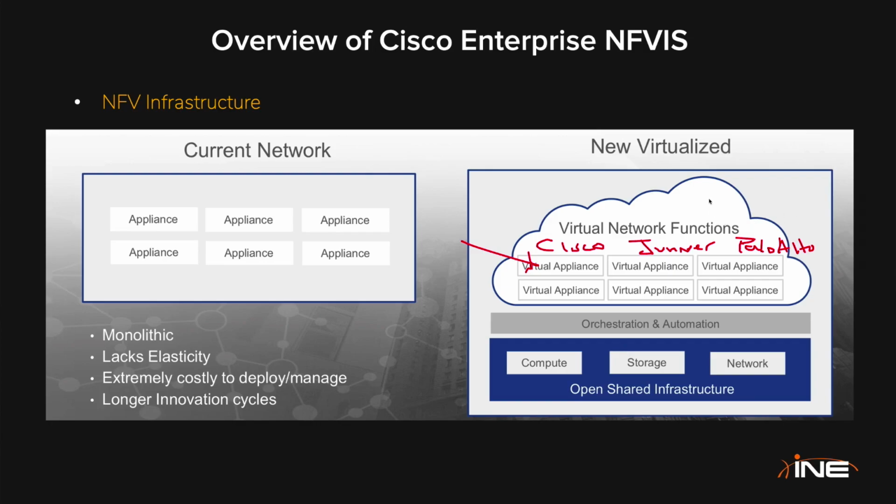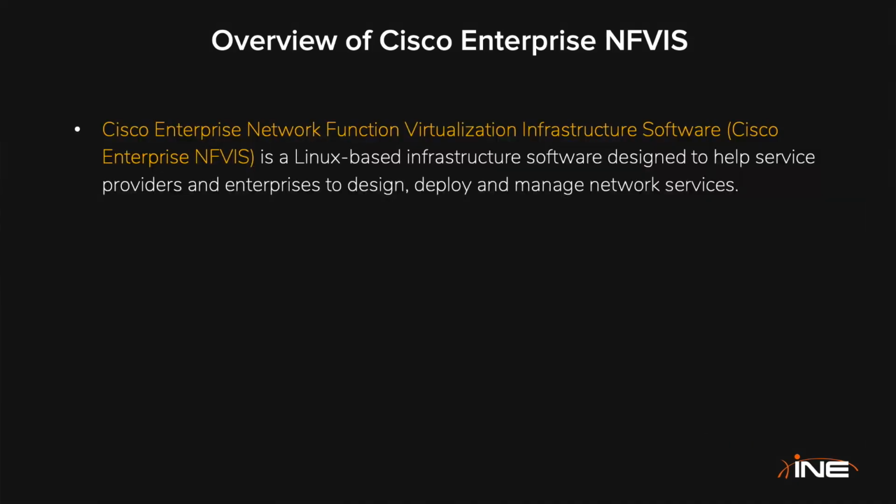So now I can have multiple VNFs on a single hardware appliance, which is an open standard. Now Cisco has its own implementation of NFVI. So you could do an open standard deployment, which could be as per the ETSI framework, or you could deploy based on Cisco's implementation of NFVI.